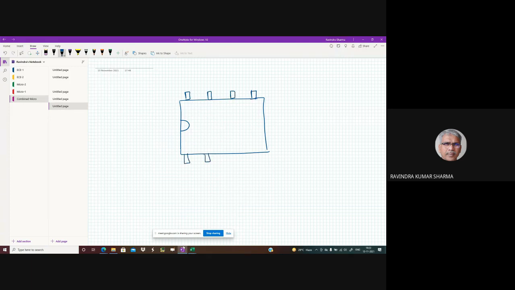So those 8 pins are: 3 is non-inverting input, 2 is inverting input, 7 and 4, right? 1, 2, 3, 4, 5, 6, 7, 8.